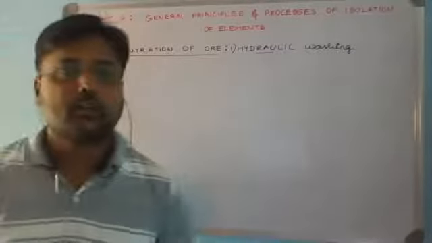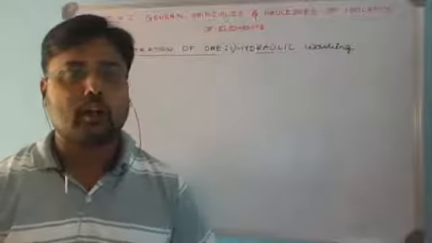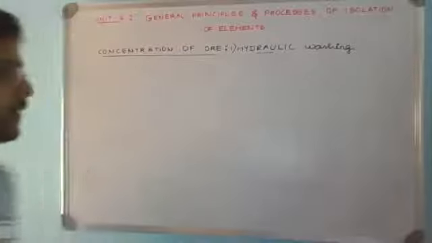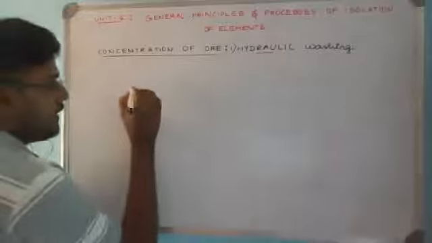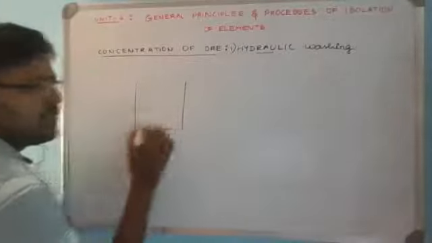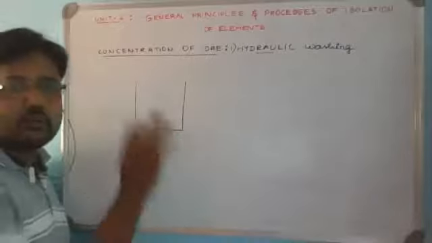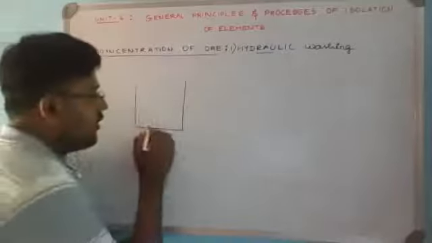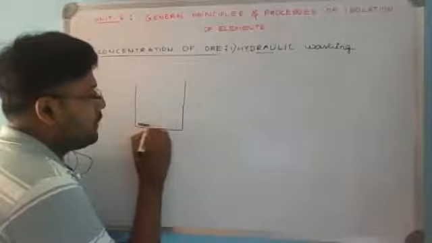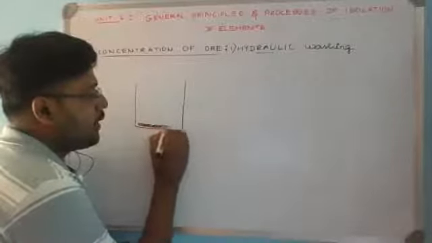As the name indicates, hydraulic, a current stream of water is used to separate or concentrate the ore. In this arrangement, this is a simple illustration picture, just to understand the method. Consider you have a powdered or ground ore.